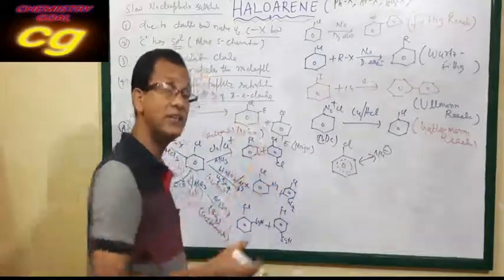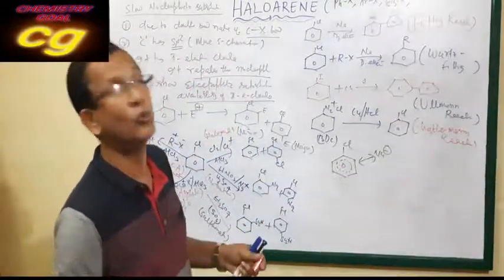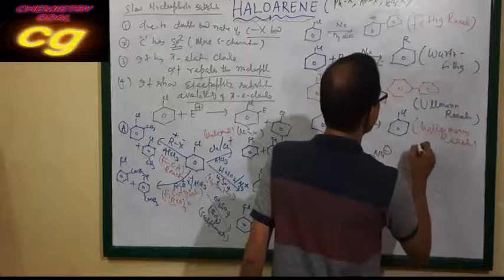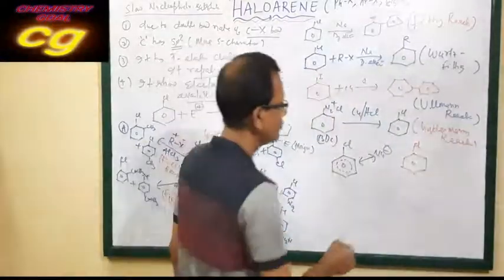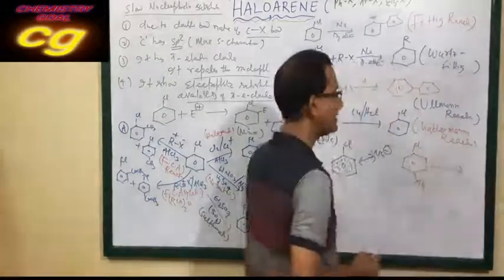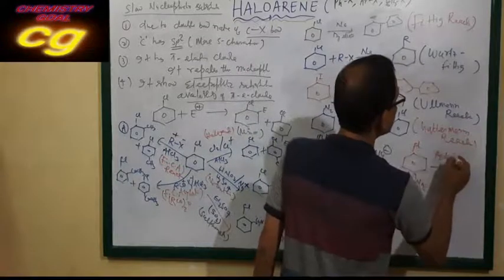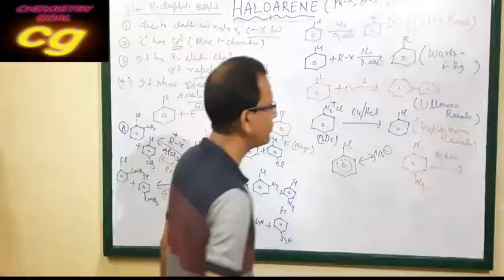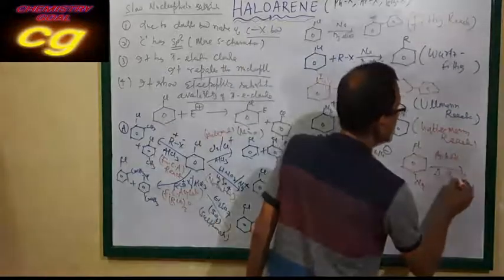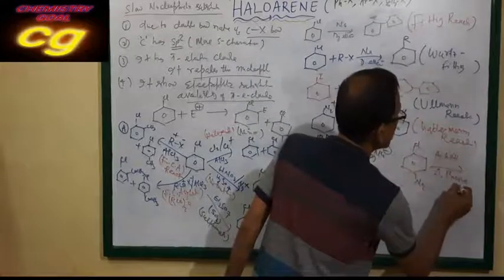So how can you increase the reactivity towards nucleophile? You have to substitute some electron withdrawing group in the aromatic ring. Suppose you substitute a nitro group here, then use a nucleophile, suppose aqueous KOH, and give heat and pressure, the reaction will produce substituted phenol.